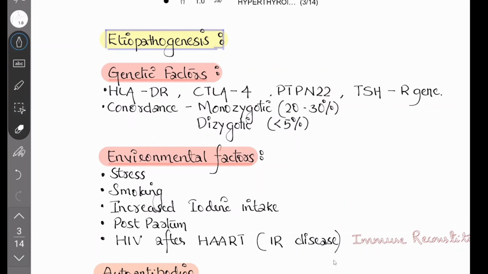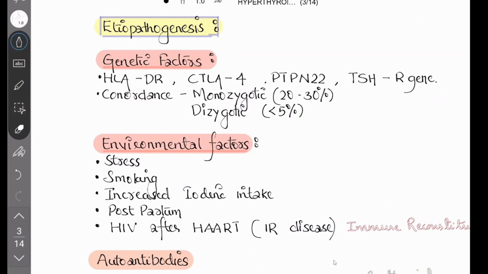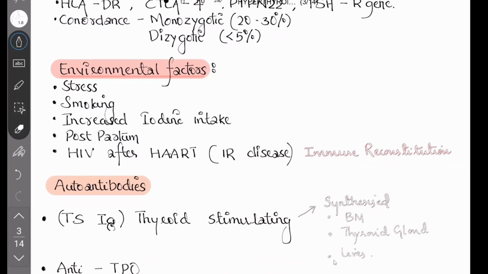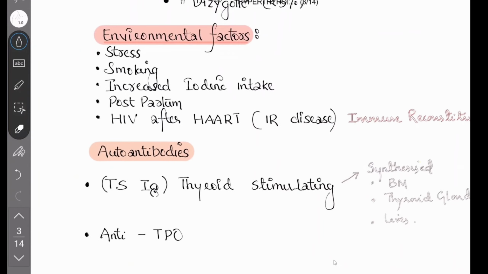Next comes the etiopathogenesis. The genetic factors are HLA-DR, CTLA4, PTPN22, and the thyroid receptor gene. The concordance in monozygotic twins is 20 to 30%, and in dizygotic twins it is less than 5%. The environmental factors include stress, smoking, increased iodine intake, postpartum, and HIV after HAART, that is antiretroviral therapy, that is immune reconstitution. Next, autoantibodies.